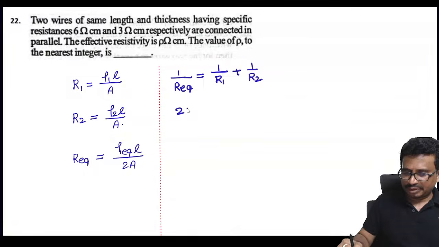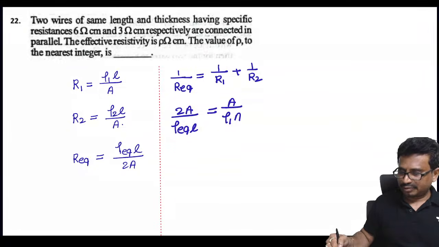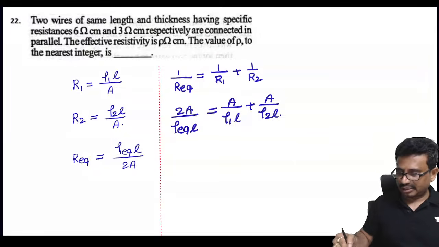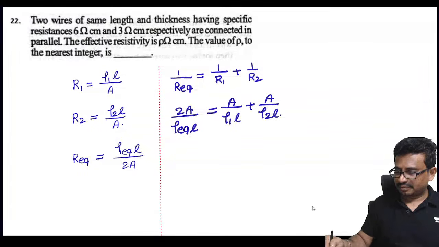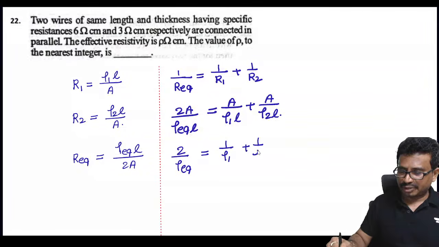So it will come to be 2A by rho equivalent into L equals A by rho 1 into L plus A by rho 2 into L. Now simplify. So 2 by rho equivalent equals 1 by rho 1 plus 1 by rho 2.